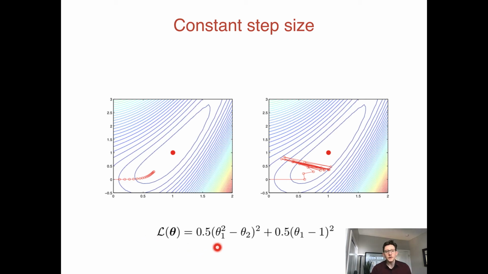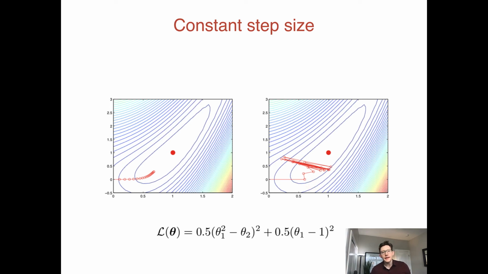This is just a polynomial in two variables, theta1 and theta2, with the highest order term being theta1 to the fourth because of the squared here. The function looks like this, and by the way, it is convex. If we start here and iterate using a large step size, the optimization turns out to do this. It's jumping back and forth, never reaching the optimum. So this is a problem that can occur when using a constant step size.